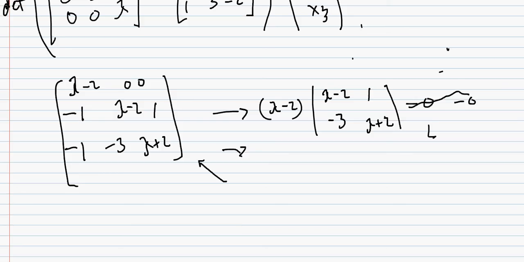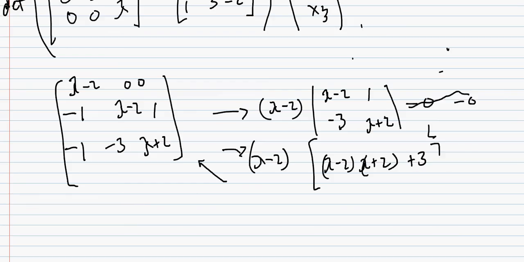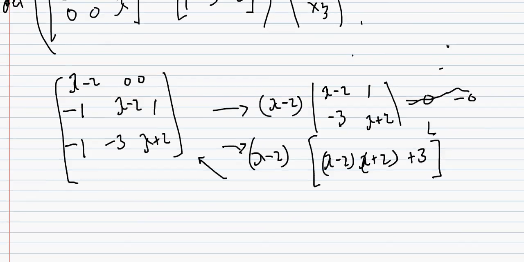Okay, so let's find the determinant here. This is lambda minus 2, times lambda minus 2, lambda plus 2, negative 3 subtract, so it's going to be plus 3, right? AD minus BC.